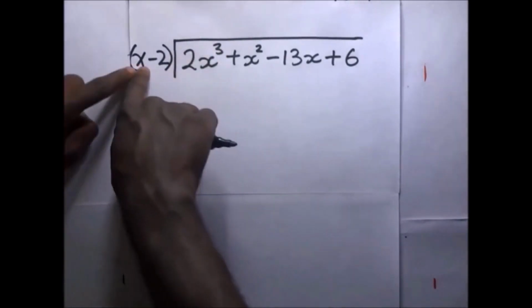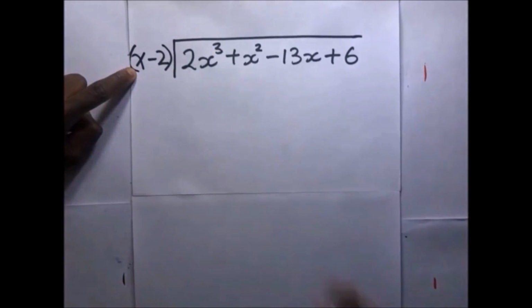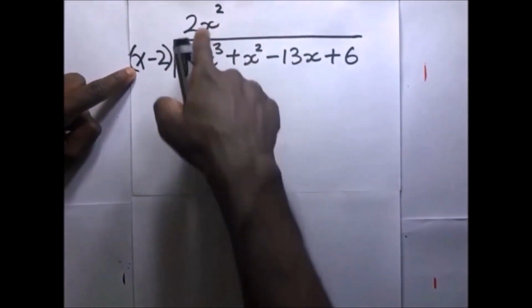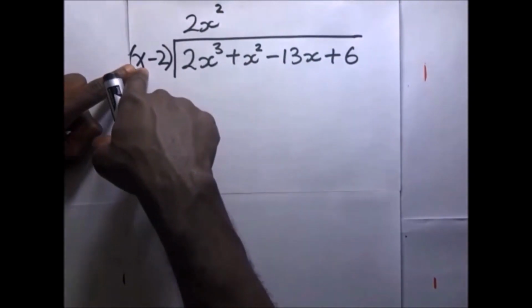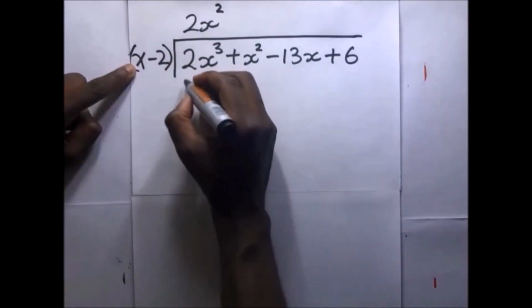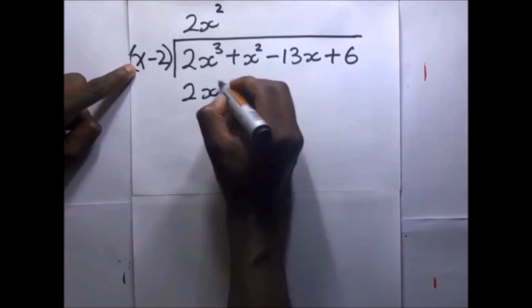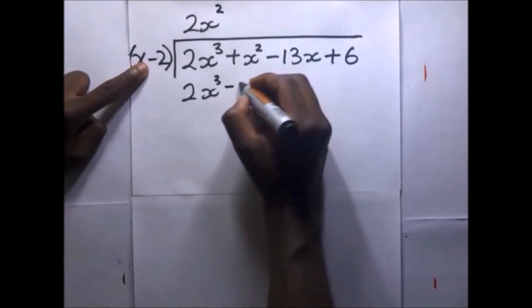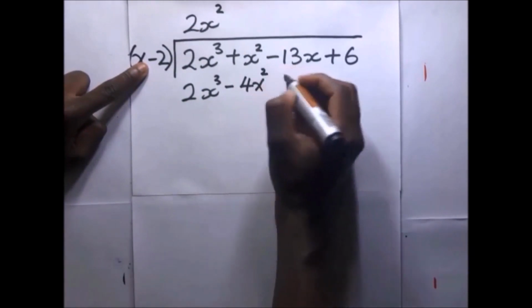2x cubed, divide that by x, you will get 2x squared. So 2x squared multiplied by x is going to end up with 2x cubed. Then 2x squared times negative 2 will end up with negative 4x squared.